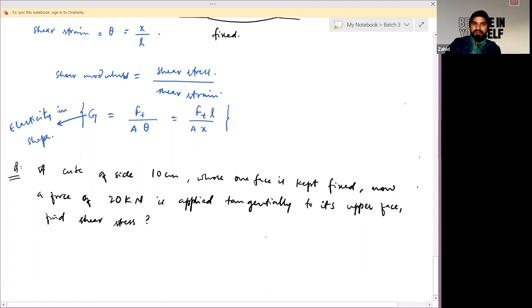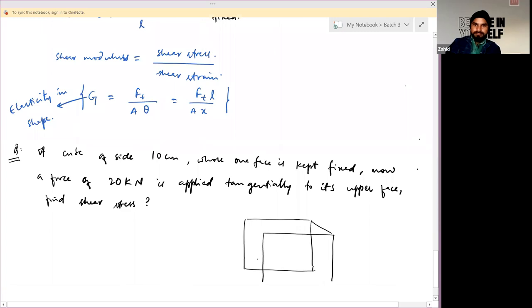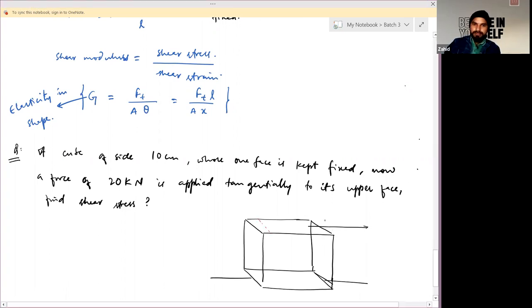Suppose in this part we have a cubicle or a cube like this. And a force is applied tangentially along this direction, keeping the base fixed, due to which it gets slightly deformed, let's say to this point.